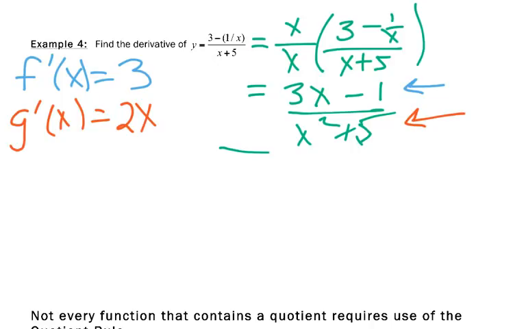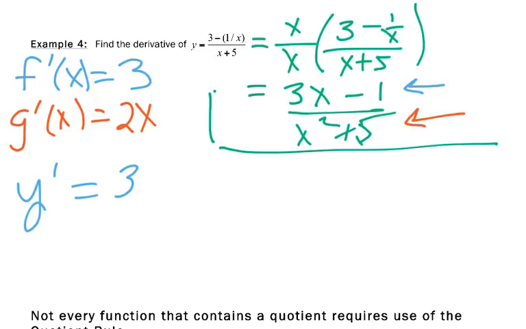So going back to green again. Actually, let me use blue. Okay, so y prime, the derivative of this y function, is going to be f prime of x, 3, times g of x. And remember, we're using the x squared plus 5 as g of x.